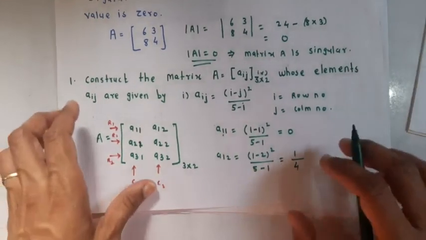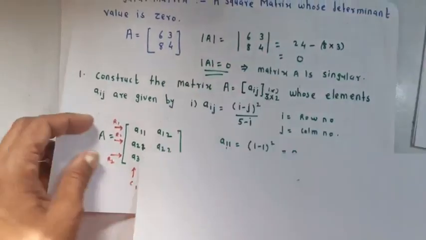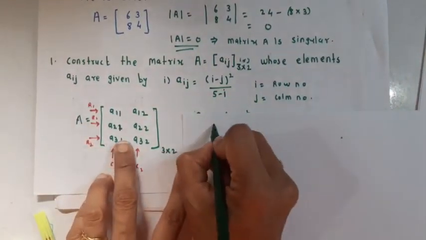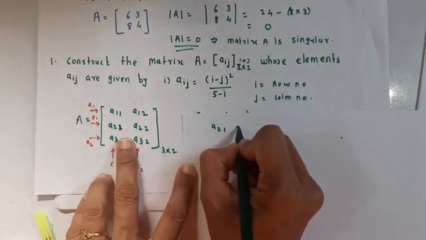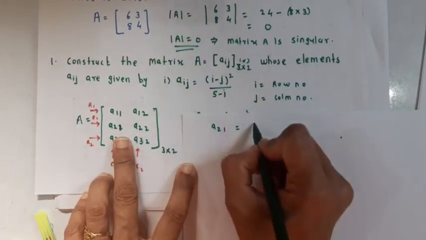Now for the element A21, second row, first column, here i is 2 and j is 1.